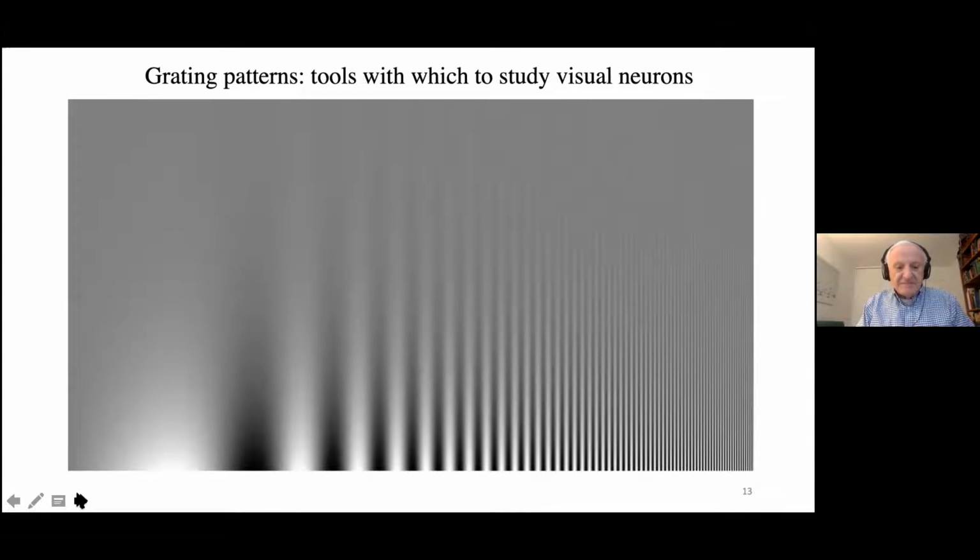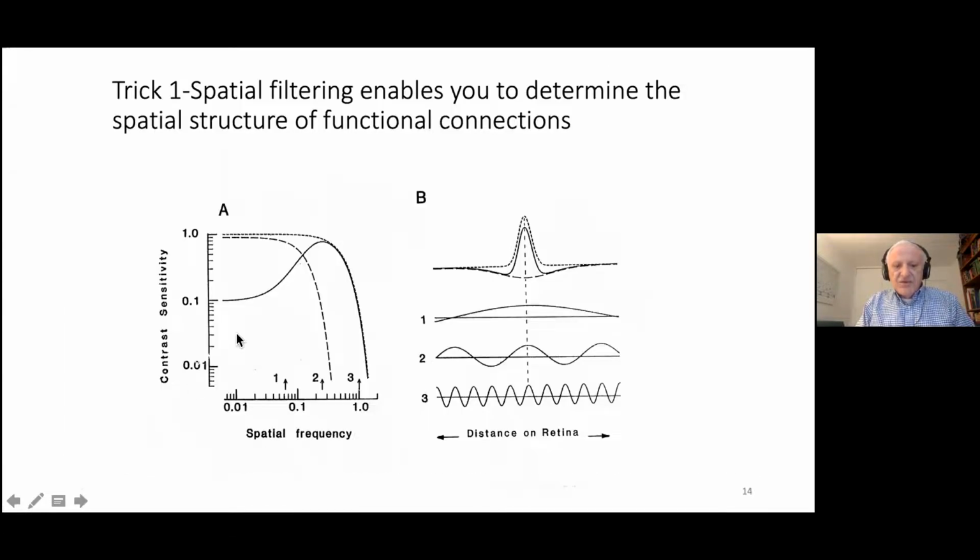And then the trick is to use the spatial frequency tuning properties of neurons to infer what the spatial properties are. So that's what I'm going to talk about. We did a lot of experiments where we used grading patterns because they were convenient to use, because for various technical reasons, they're easier to use than bars or spots.